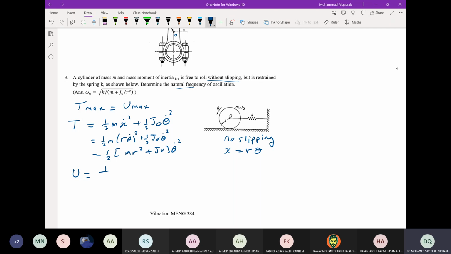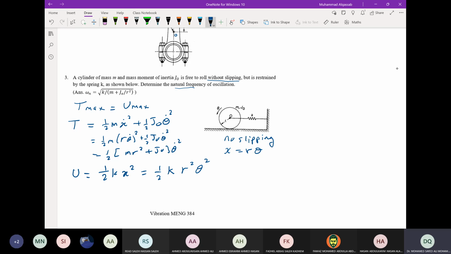It is half k x squared, and again you need to replace. You cannot work with two different variables or coordinates. You have just one coordinate here because the system is a single degree of freedom system. Which is half k r squared theta squared.